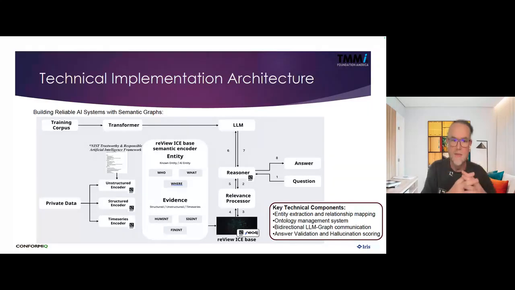Because we can combine these things into a unified knowledge representation layer in the middle section, this is really where the magic happens. We can identify the entities within the structure, whether they're people, assets, concepts, events, it doesn't matter. We can tie the evidence within this unified data environment together, whether that's structured, unstructured, temporal, time series information, doesn't matter.